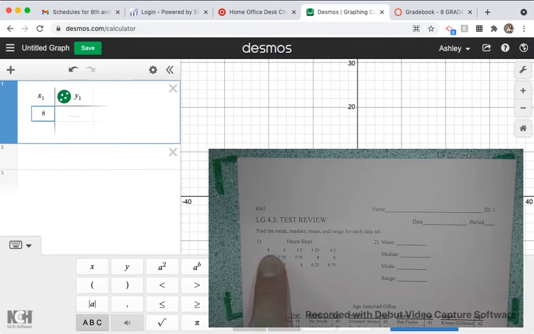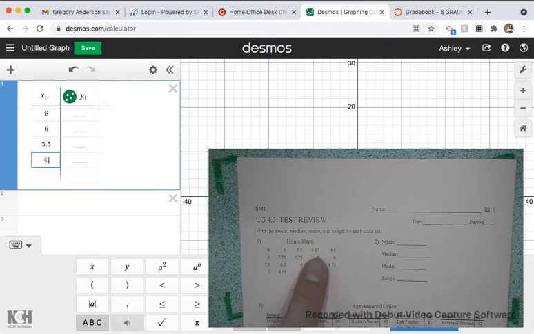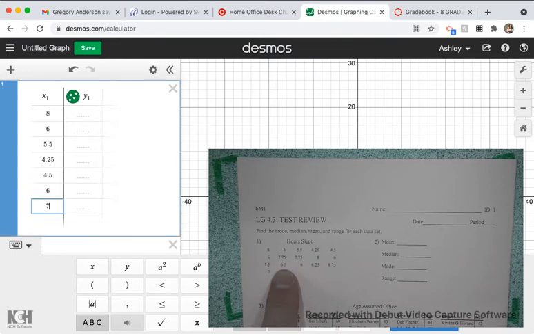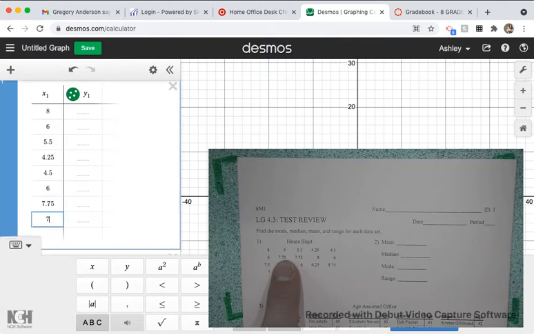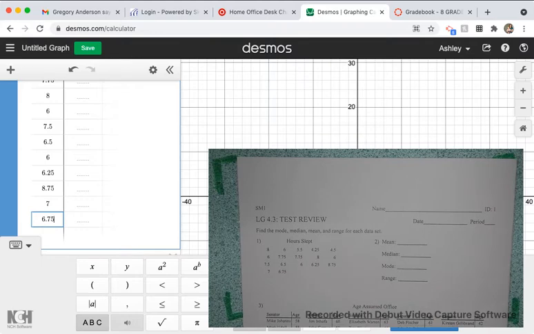We're going to type these in. 8, 6, 5.5, 4.25, 4.5, 6, 7.5, 7.75, 7.75, 8, 6, 7.5, 6.5, 6, 6.25, 8.75, 7, and 6.75.